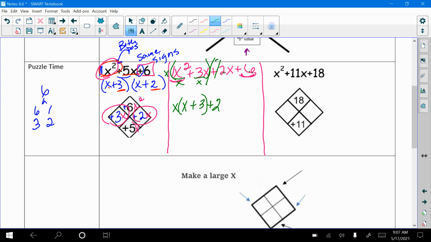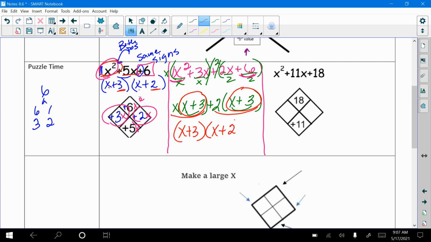If I take out a 2, I end up with an x plus 3, which is, by the way, the exact same thing here and here. Between these two terms, they have this quantity in common. So I can take out an x plus 3, and I'm left with an x plus 2, which is the same thing I got when I just did the quick and easy way.